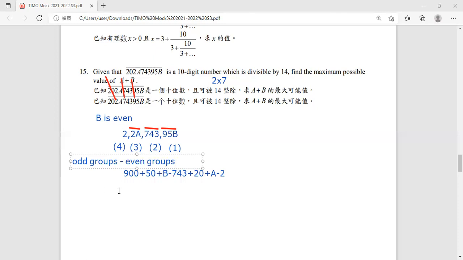Then what I got is A plus B plus 225. Now, this number will be a multiple of 7.